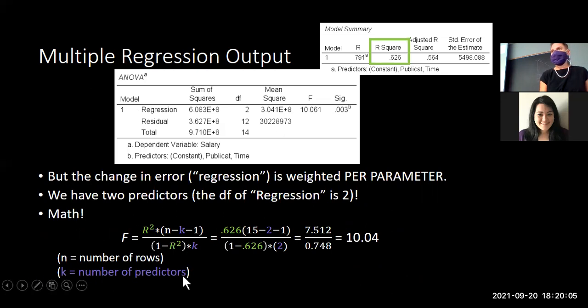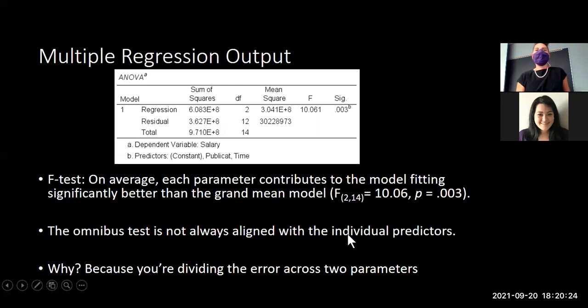Number of predictors is my same idea of parameters. In this case, I have 2: both years and number of publications. And it's in the denominator, so we're not talking about per predictor, but like on average, do they all contribute?